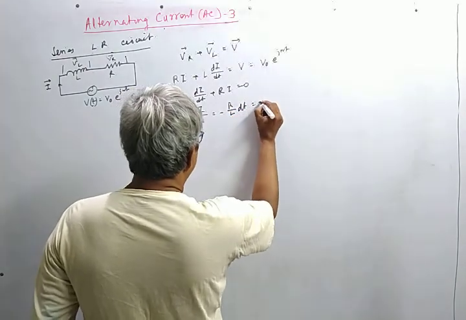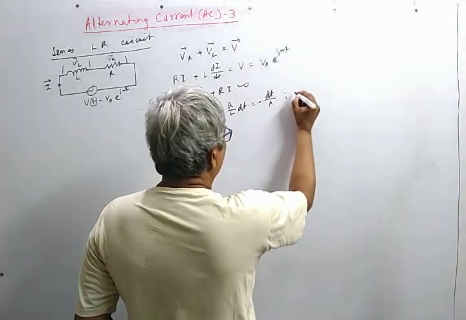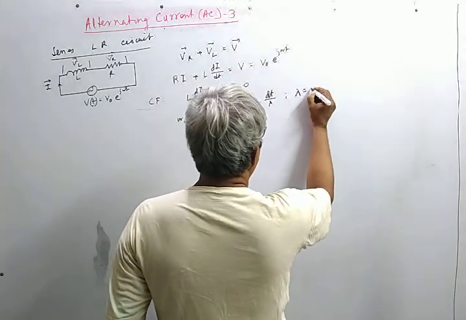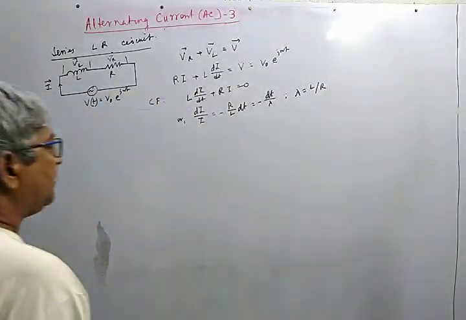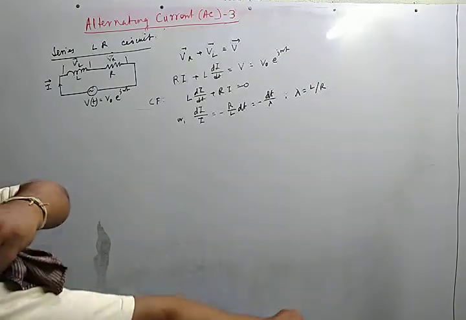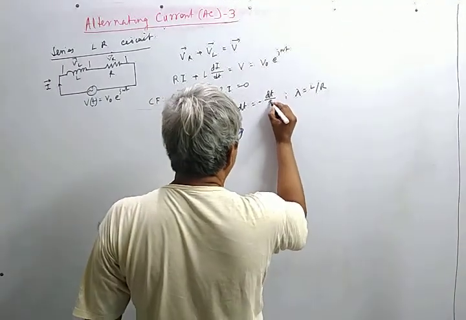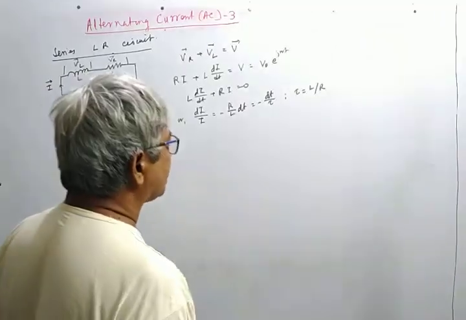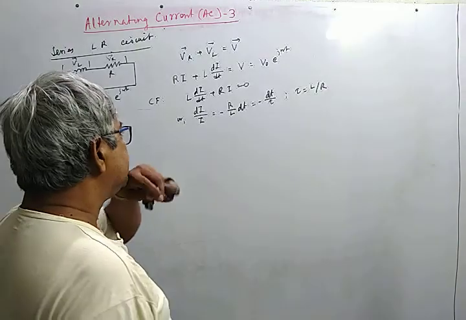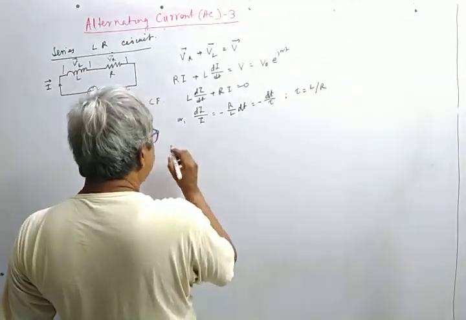We write it as minus dt by lambda, where lambda is equal to L upon R, and it has the dimension of time. You can check that lambda has a dimension of time, or it is better to write it tau. Tau is called the time constant, whose significance will be apparent very soon.